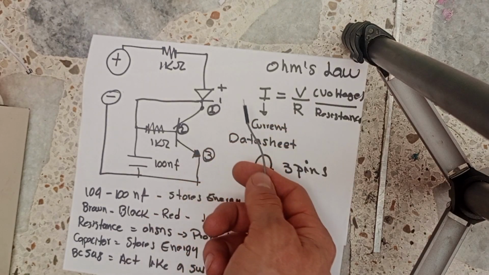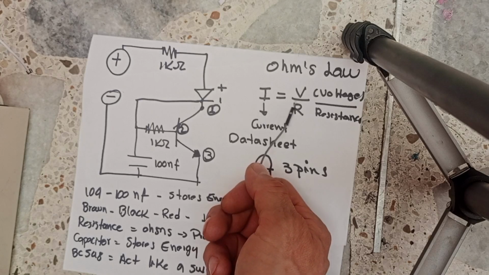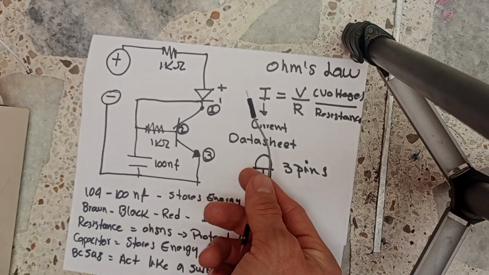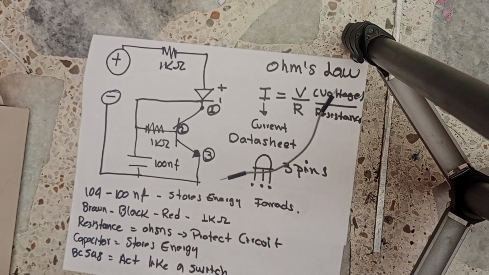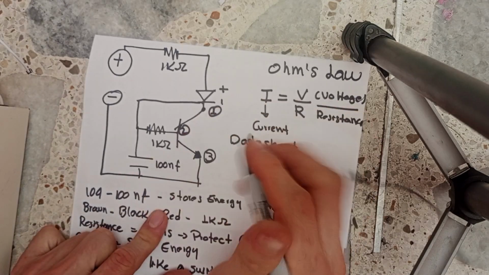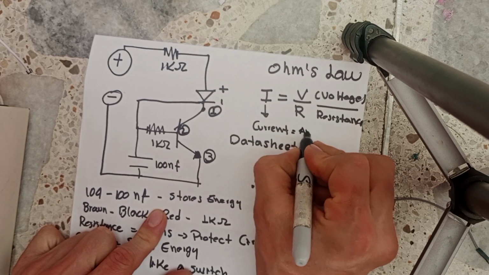Ohm's law says that the current is equal to the voltage divided by the resistance. I equals intensity equals current. The current is measured in amperes, right? The current measurement is ampere.